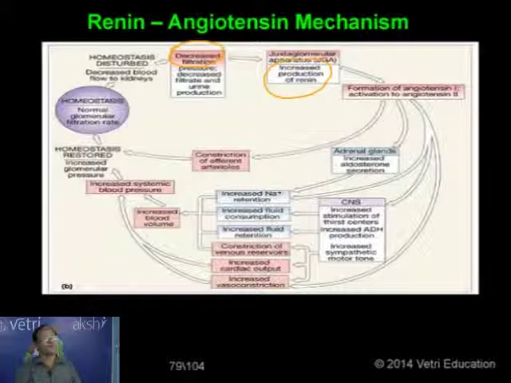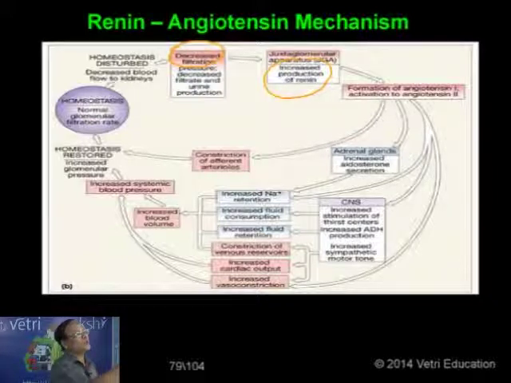This causes the formation of angiotensin 1, which activates angiotensin 2. Now this angiotensin 2 is a powerful vasoconstrictor, causing constriction of the afferent arterioles, thereby increasing the blood pressure and so also the glomerular filtration rate, so homeostasis is maintained.